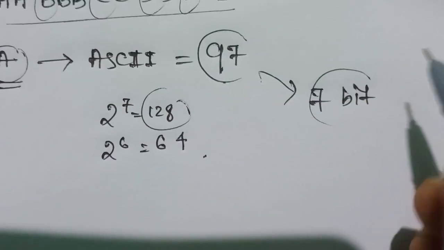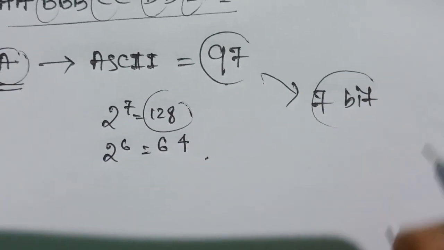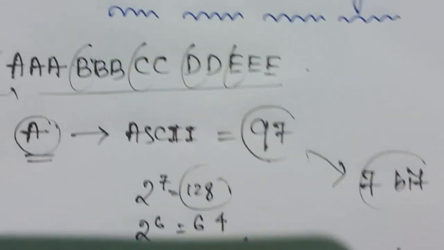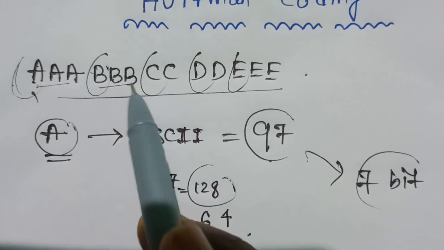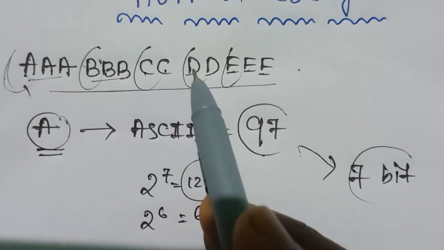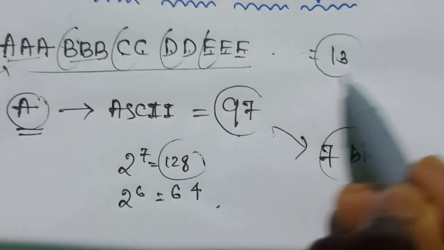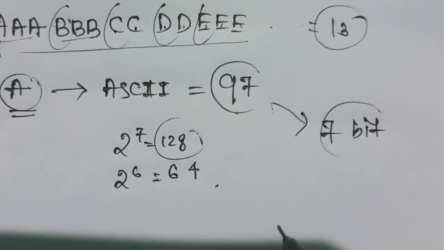Similarly for B, C, D. Then how many characters are there in the message in total? Counting: 3, 6, 7, 8, 9, 10, 11, 12, 13. The total of 13 characters are there in the given message.